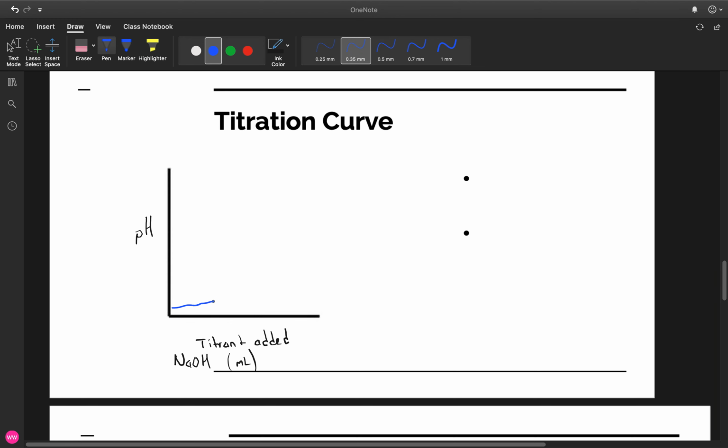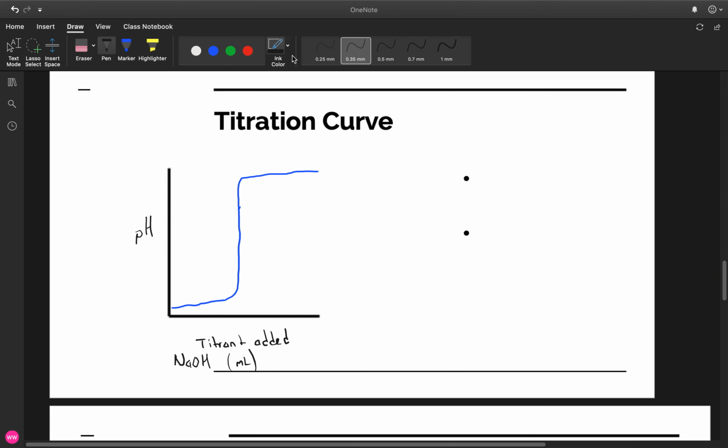And as we add NaOH, the pH will slowly creep up, until there's a huge spike. This spike represents the concentration of the NaOH taking over and the acid that we're analyzing running out. And then it flattens out again at a pH of 12 to 14.